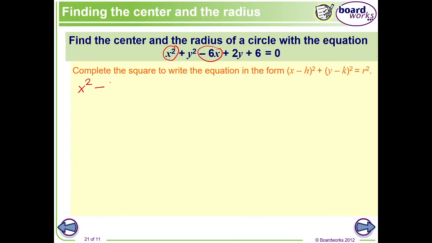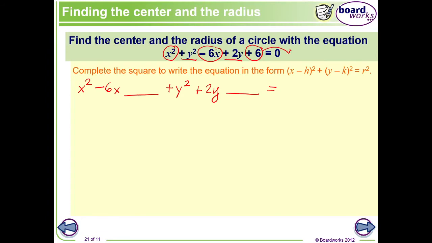Leave a space there. Then followed by y squared, then followed by 2y. Leave a space. What are you going to do with positive 6?